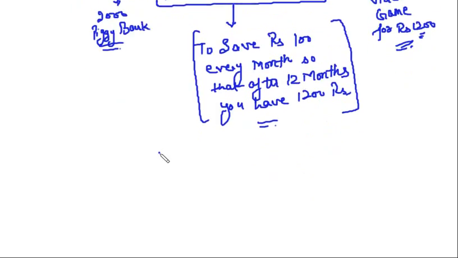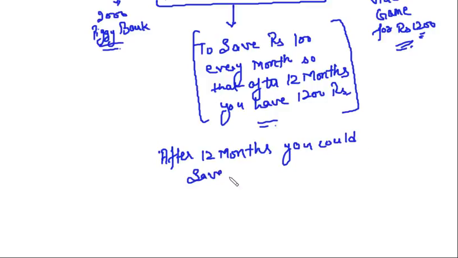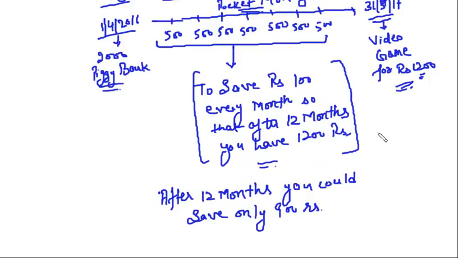Suppose after 12 months you could save only 900 rupees. Right? You are in need of 1200 rupees, but you could save only 900 rupees.